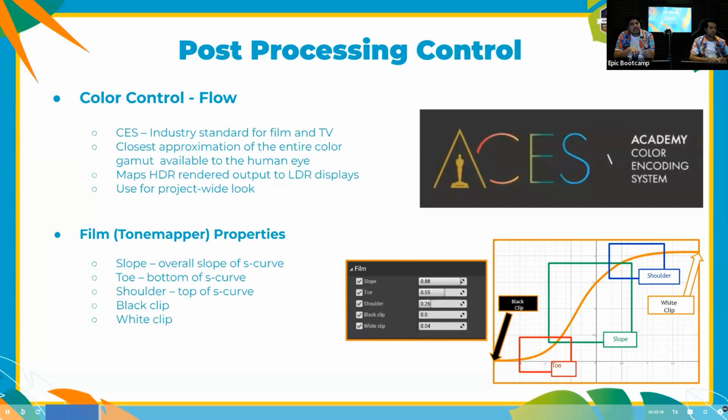This may be a little bit hard to see at first glance, but when you go to the film category inside the post-processing volume, you will see a couple of elements. For example, you will see the slope, toe, shoulder, black clip, and white clip.